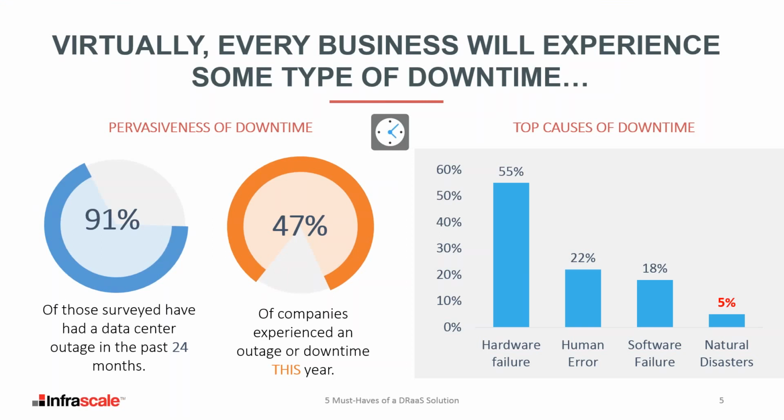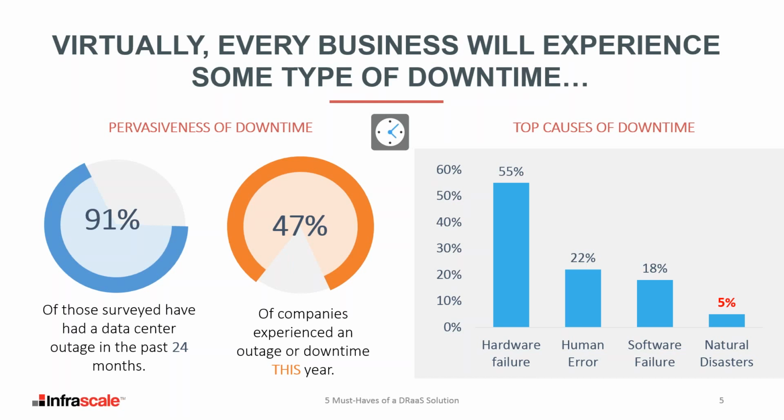So this chart here shows 2 different stories. On the left, you see just how pervasive downtime really is. 91% of data center managers that we surveyed have experienced some downtime in the last 2 years. 47% experienced an outage this year.